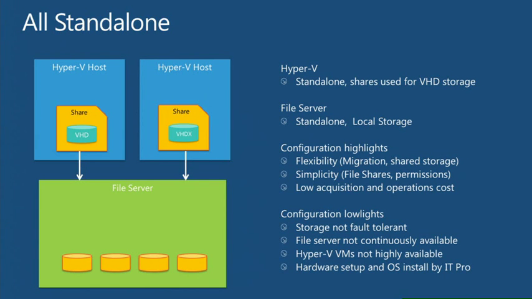A few disks could be 4 SATA disks, no RAID controller, no nothing. Just configure those. Those could be USB disks for all you know. Create a file share, have a few Hyper-V hosts coming in, fair configuration. Be sure you understand what you're getting out of this. If anything here breaks, you're down. Okay?